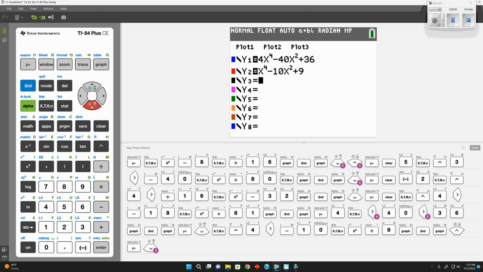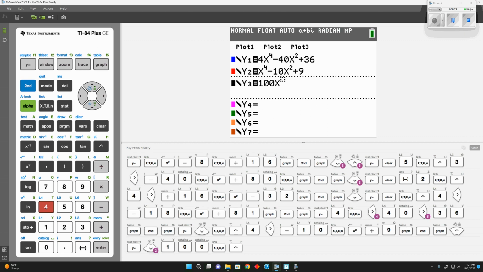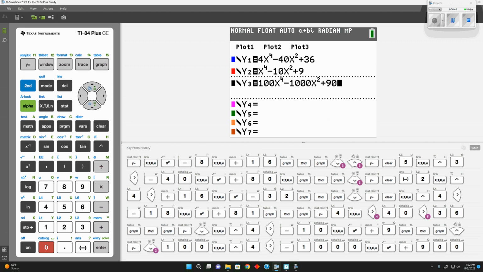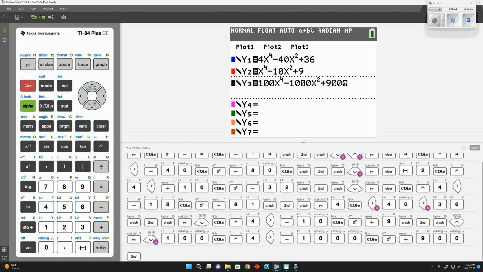Because if we wanted to, and this is a little extreme, I can multiply the whole thing by 100. 100x to the 4th minus 1,000x squared plus 900. And we'll just look at the table.